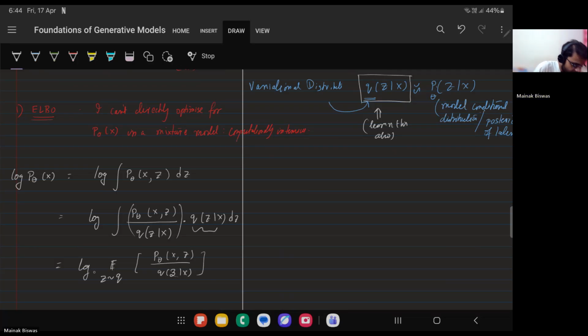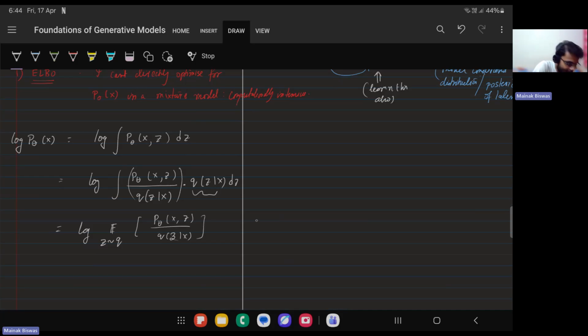Now, this is the log of the expectation. So if I say the log of the expectation, this is F of expected value of X, and that is greater than the expected value of F of X. Now you'll be wondering, I just wrote down the opposite, because the expected value of F of X is going to be above for a convex function. But it's not wrong, because log is a concave function.